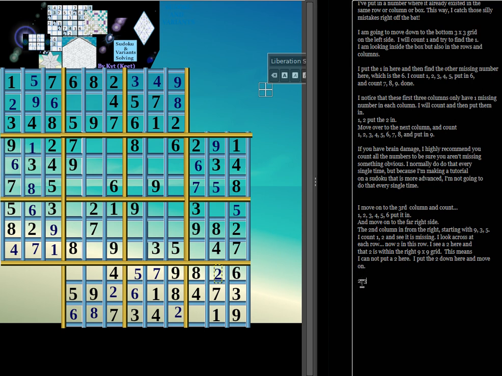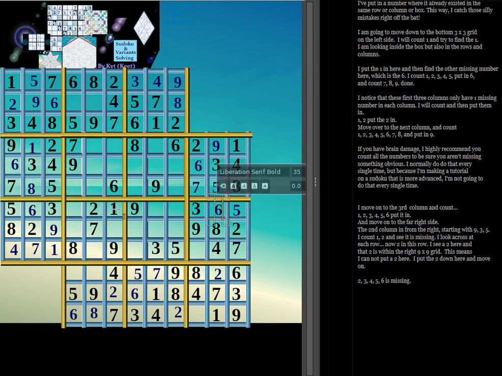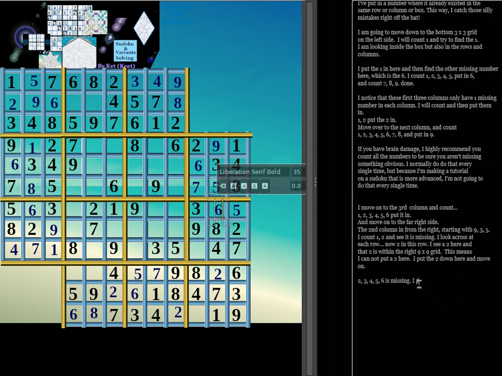So 2, 3, 4, 5, 6 is missing. I put it in and make sure no other 6 is in that row or 3 by 3 box.